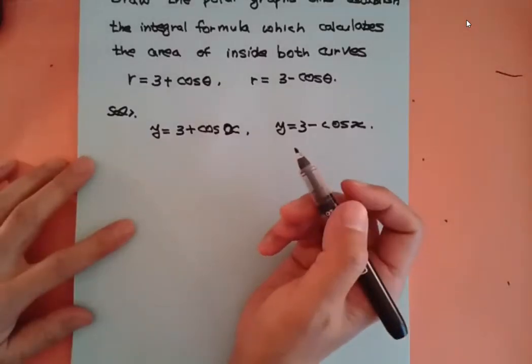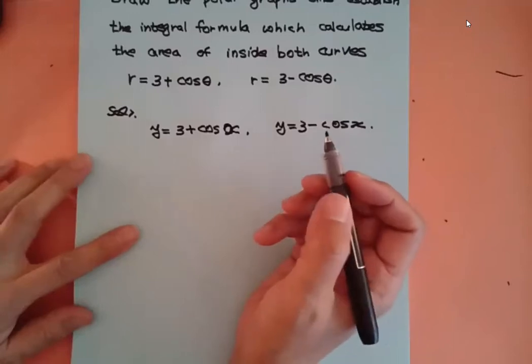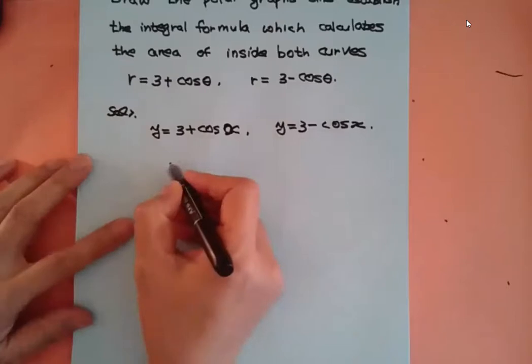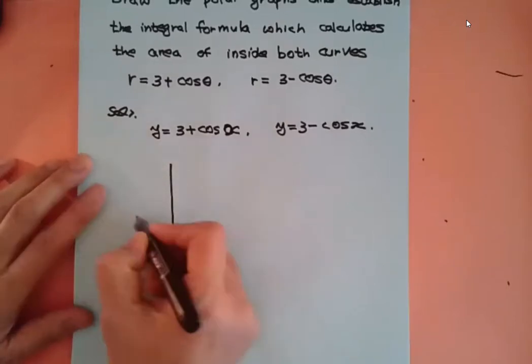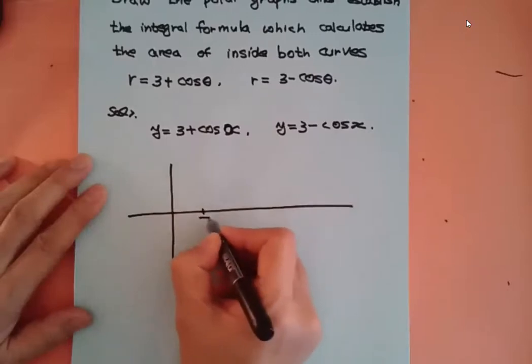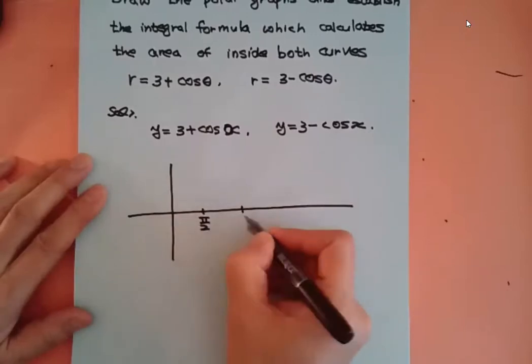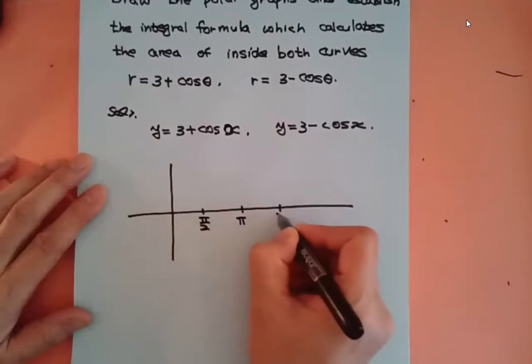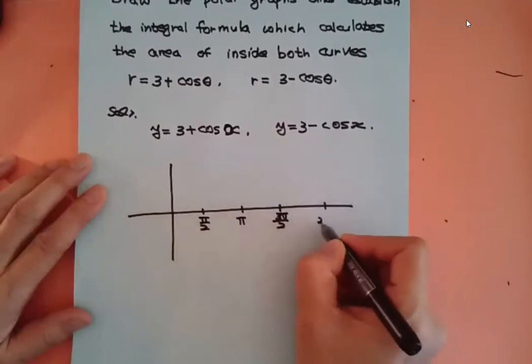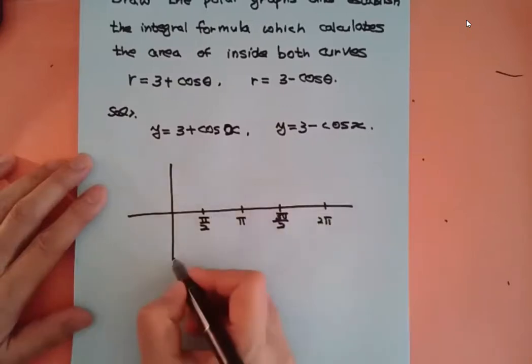So what we will think about is the original cosine graph. If we think about the original cosine graph, it looks like this. We will just think about one cycle.